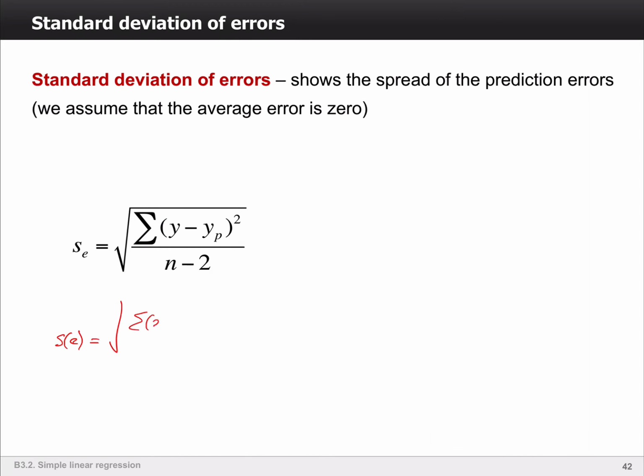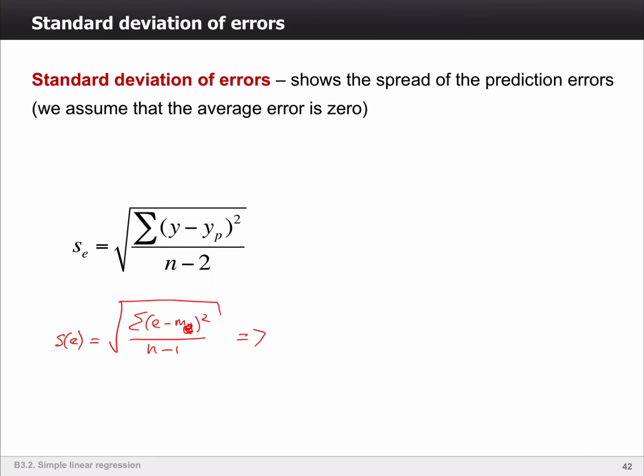You take the error minus the average error, square it, and divide by n minus 1. And you remember why n minus 1: because we lose 1 degree of freedom when we calculate the average, right? But now look. First of all, we don't need to calculate the average. It's the average error, not y, of course. We know by default, because of the way we fit the model, that the average error is 0.